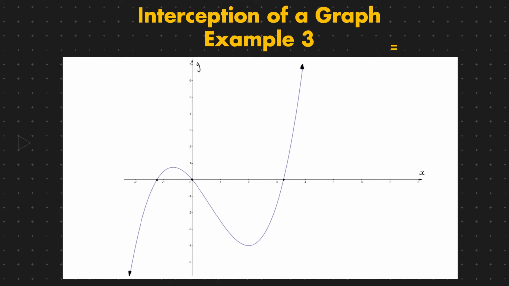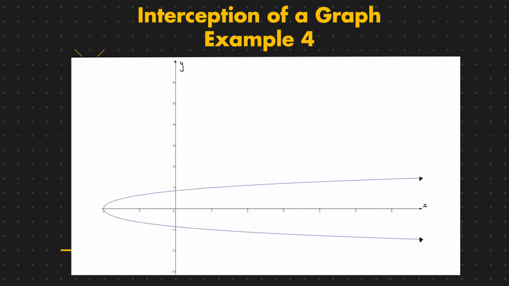And if we look at our y-intercept, it will also be equal to 0. In example 4, we have a function that will give us an x-intercept at -2, and here we have 2 y-intercepts: one between 0 and 1, and we have an intercept between 0 and -1.